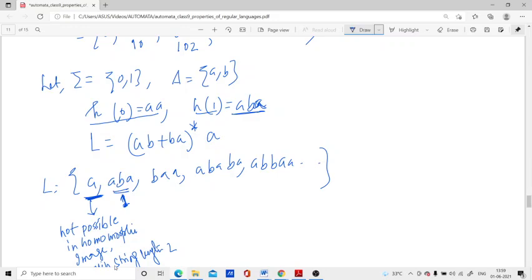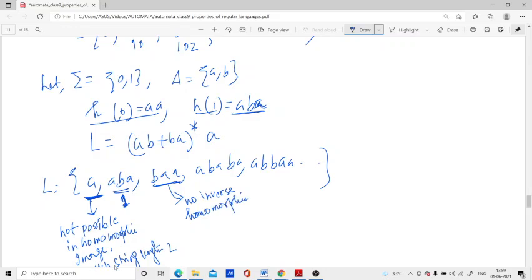Now baa has no inverse homomorphic image, because how can it be possible? b cannot be replaced by anything. ba, you cannot. So for this particular string, no inverse homomorphic image is possible.